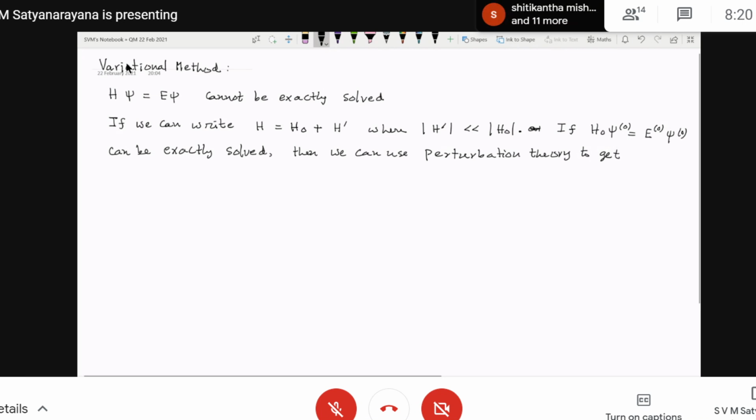Sir, here I have always a doubt. When you write mod H prime is less than mod H0, do you mean the norm of H prime, the norm of the operator? No, that is why I said energy content. Classically this is an energy, so the energy corresponding to H prime should be much smaller than H naught. But it is an operator, no sir?